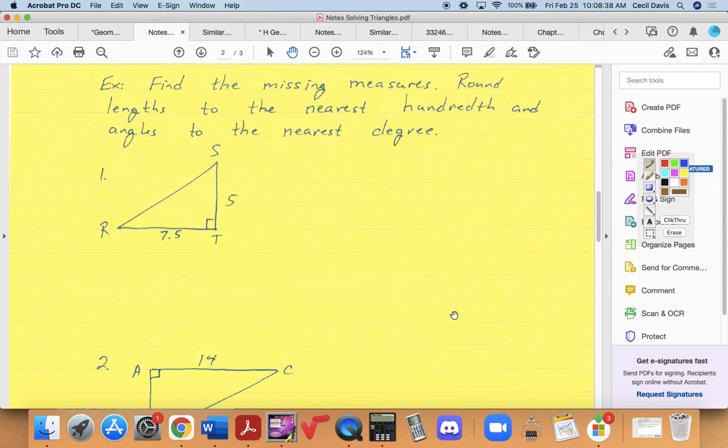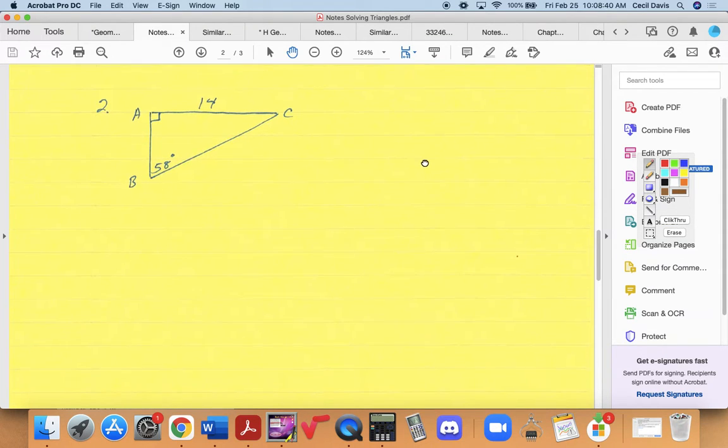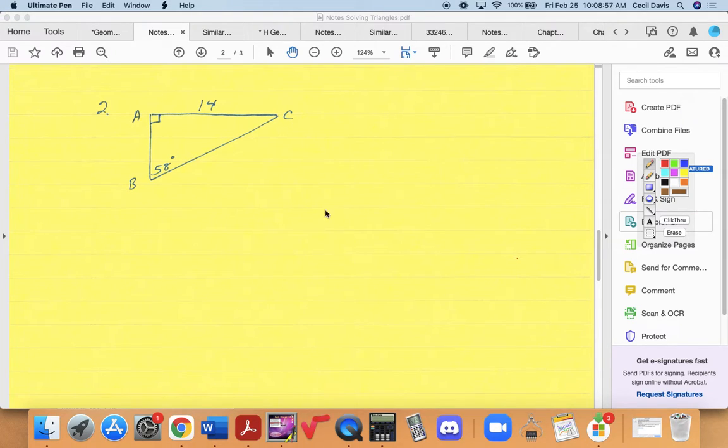Okay, let's do this one. Notice that for this one, we're given two angles, right? So I'm going to go ahead and find the other angle. It's pretty easy. If I just do 90 minus 58, remember the acute angles add up to 90 in a right triangle.